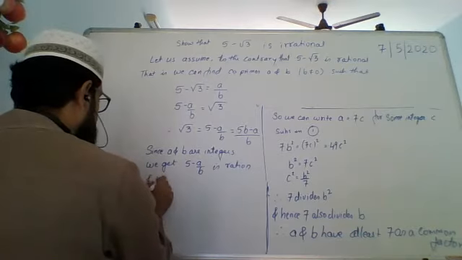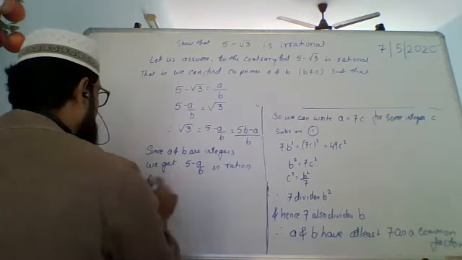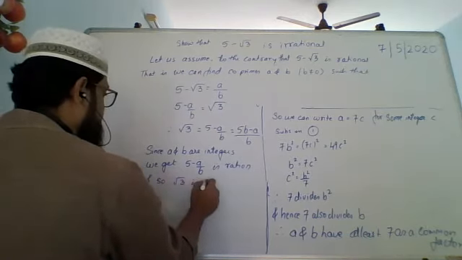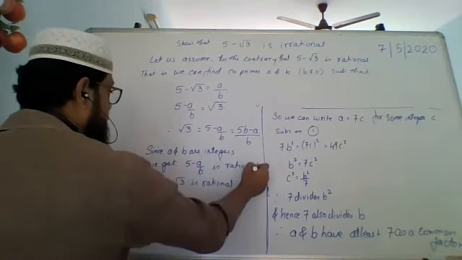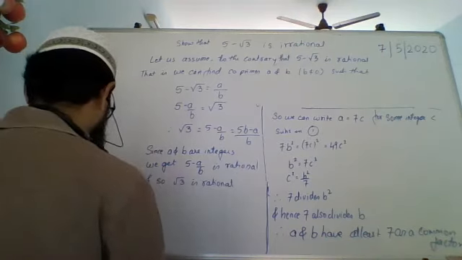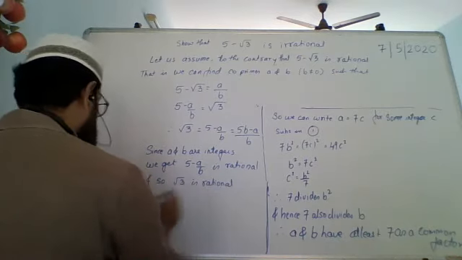And hence, so root 3 is rational. So 5 minus A upon B is rational, and so root 3 is rational.